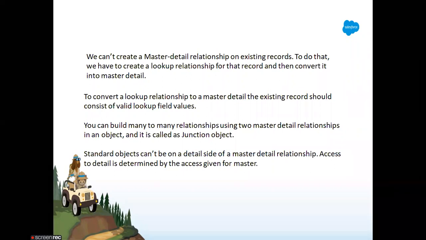To convert a lookup relationship to master detail, this is one limitation: valid lookup values must be present for all records so that you can convert your lookup into master. Because there is some restriction.